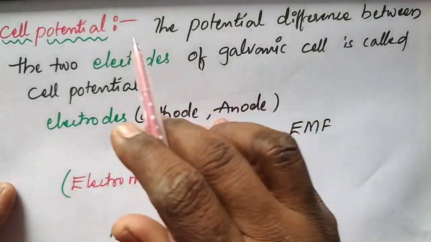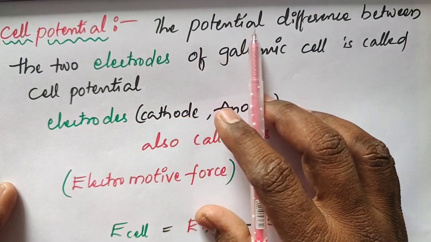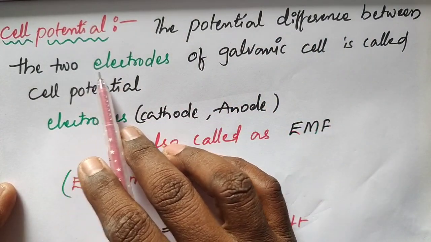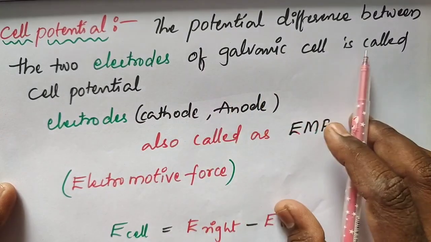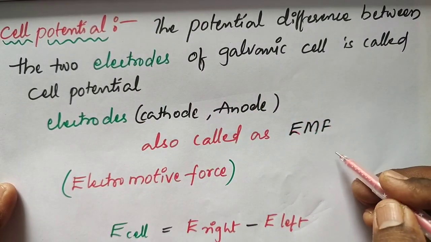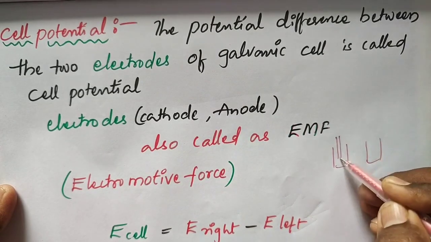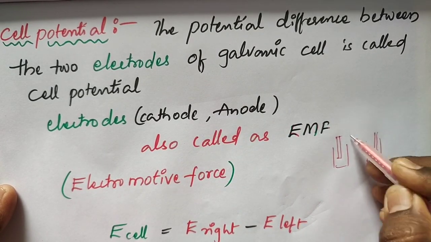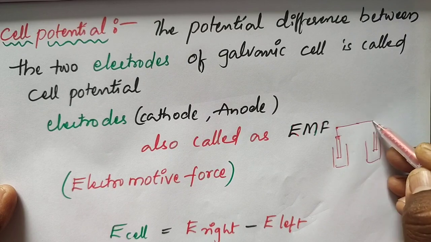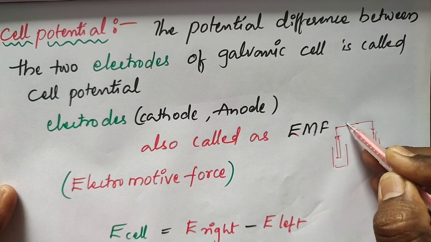We take the cell potential. The potential difference between the two electrodes of the galvanic cell is called the cell potential. The galvanic cell contains two half cells. Okay, two half cells.